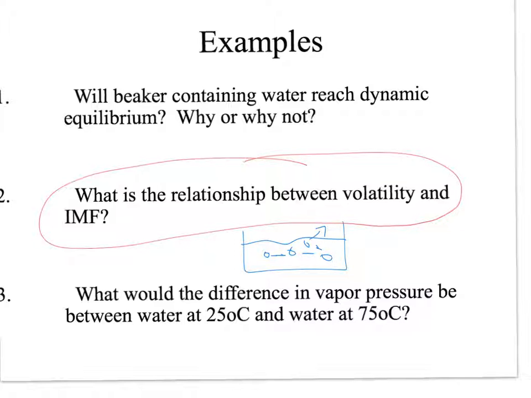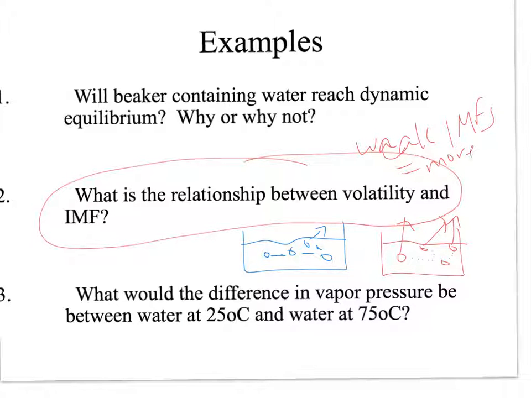However, if I have another container and I have very weak intermolecular forces, then it's going to be easier for these guys who are very weakly attracted to each other to break free. So weak IMFs equals more volatile substances, more volatility.